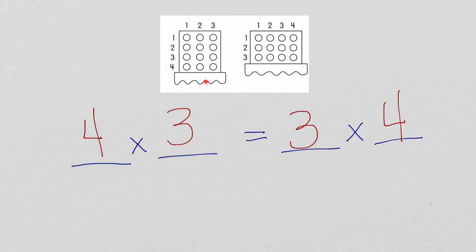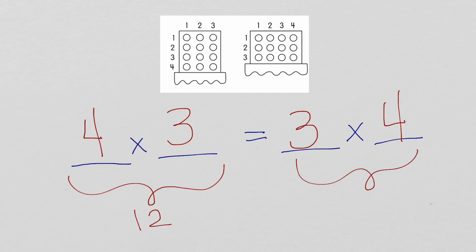Well, let's look at the total number of dots in our first example. And remember, the answer, or the total, we call by the fancy word product. So let's find the product of the first one. 3, 6, 9, 12. So the product of the first one equals 12.